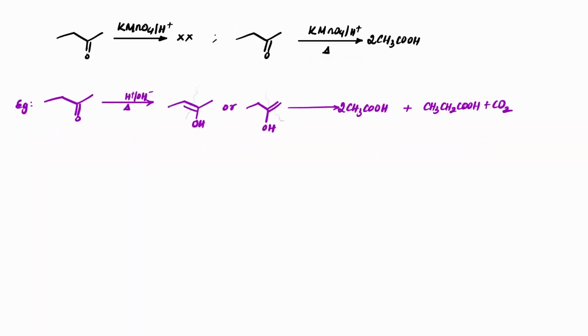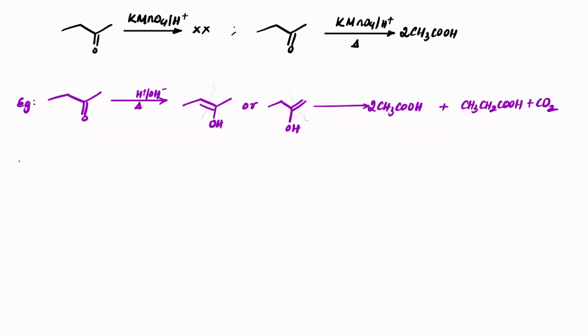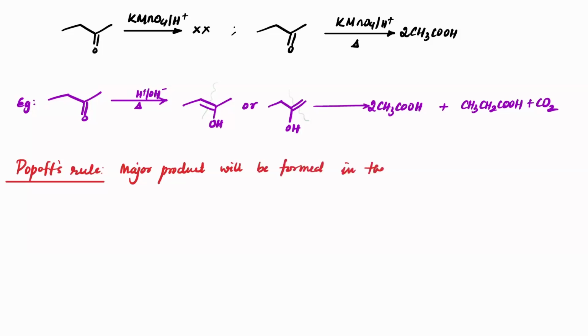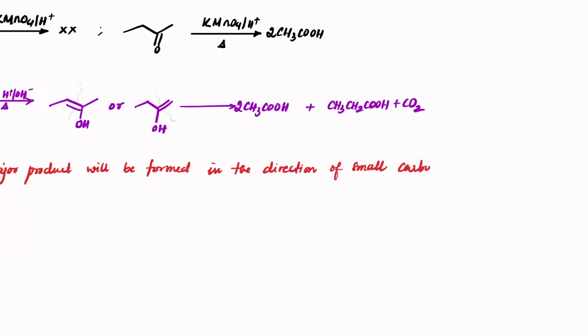Now, there is a very important point that we need to note here, which is called Popoff's rule. Popoff's rule suggests that the major product will be formed in the direction of smaller carboxylic acids.